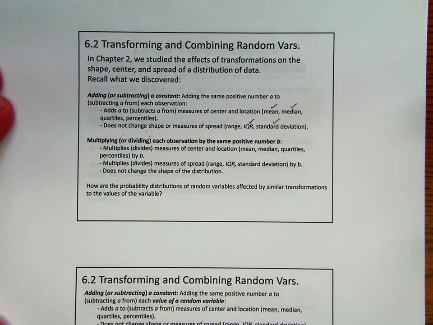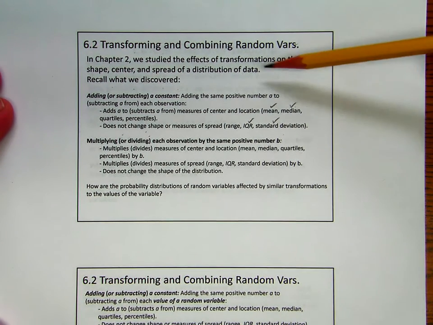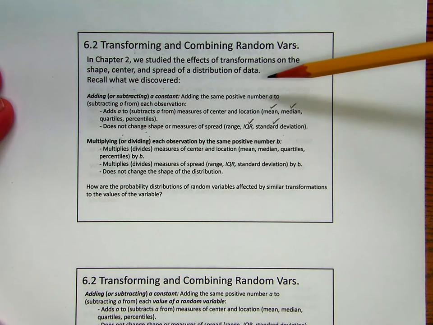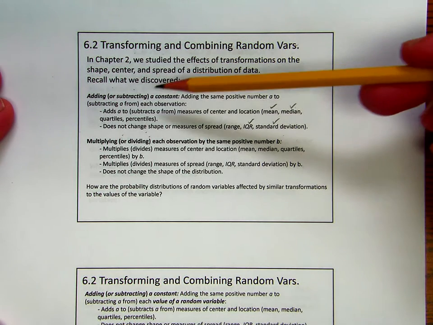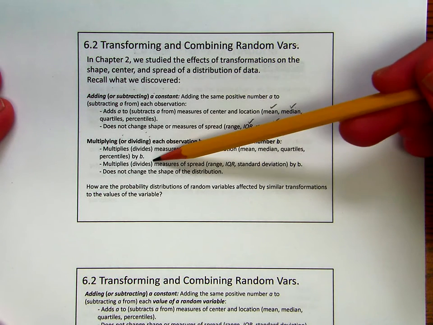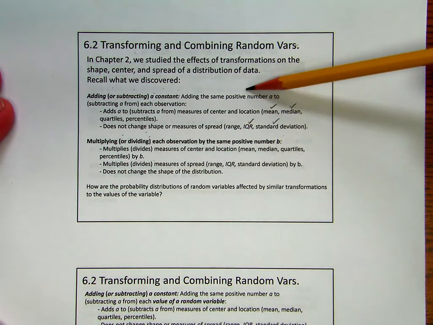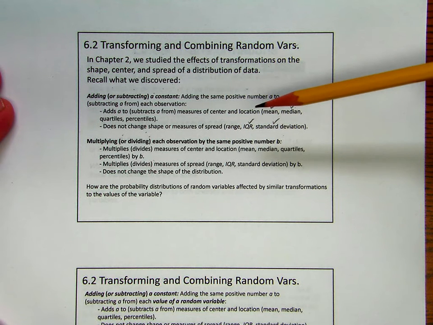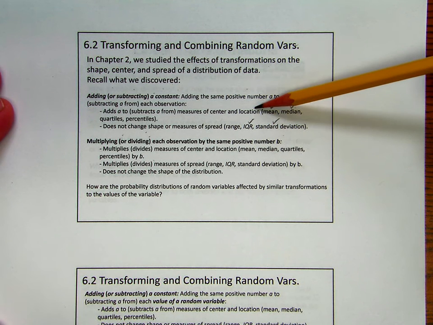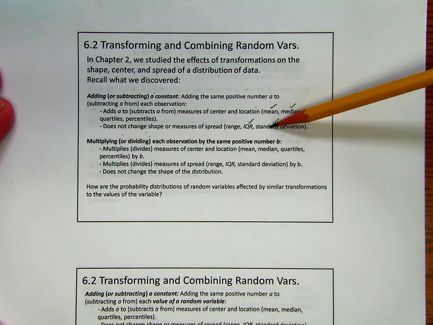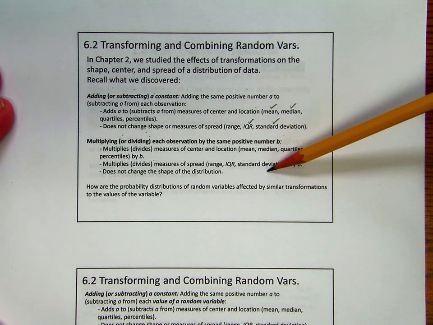So, in summary, paraphrasing this a little bit, if you do a transformation that involves an addition, subtraction, multiplication or division, the shape remains the same. The center gets affected by both the multiplication and the addition. The spread does not get affected by the addition, but does get affected by the multiplication.